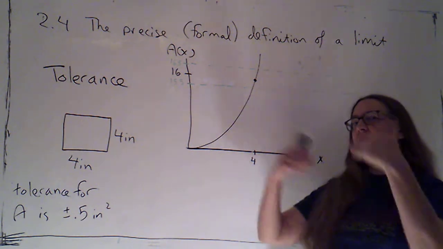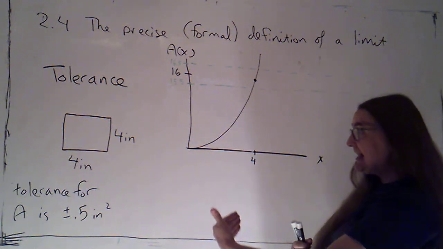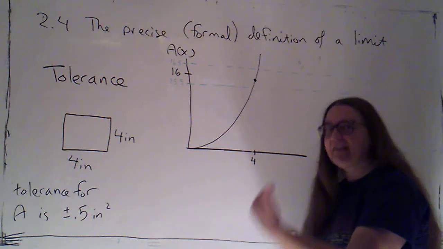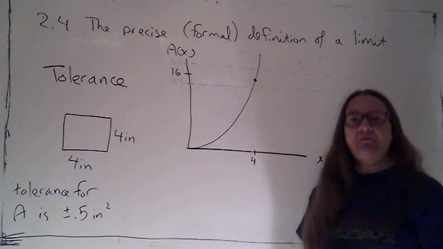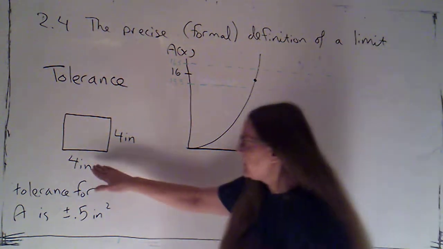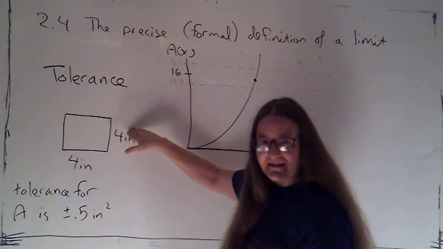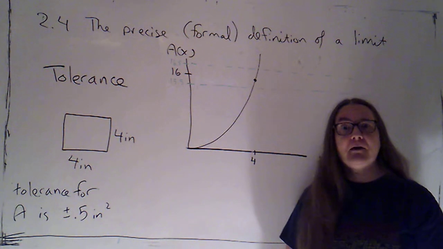So if I can control how accurately I measure the side lengths, that's going to determine how accurate the area is going to be. Now I am making an assumption here that I'm going to measure this side length with the same level of accuracy that I measure this side length. And I'm doing that because we're doing single variable calculus here.